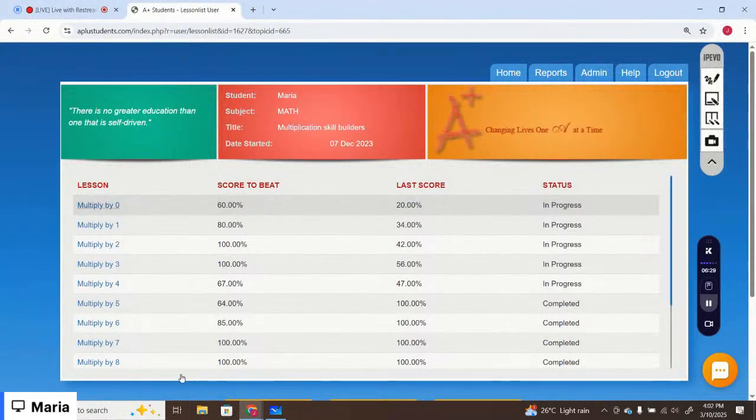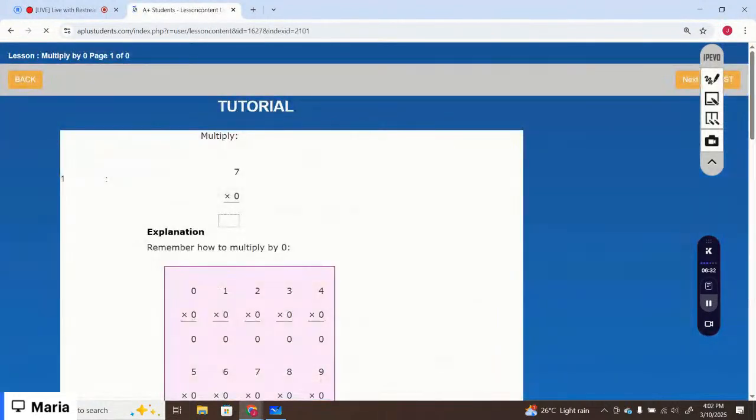And I'm on grade 3 maths. Let's just start with the first lesson, that is multiply by 0.